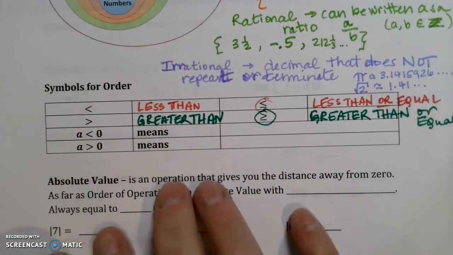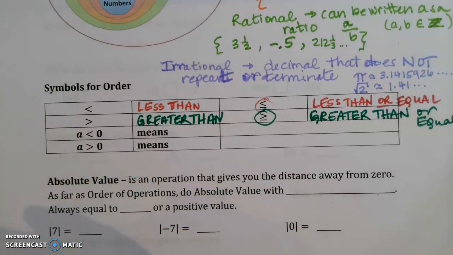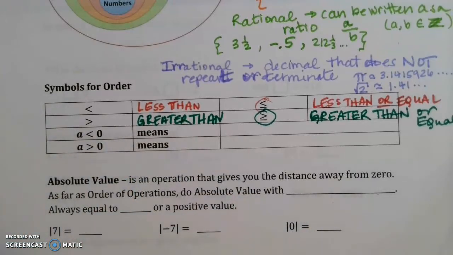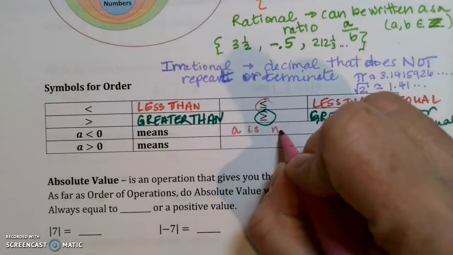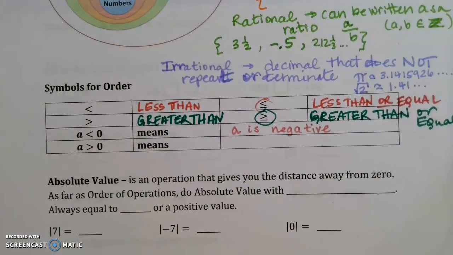Okay, so the next part there is just a reminder, because this is one of those things where it doesn't always occur to one right away when you see it. But if I'm saying A is less than 0, then that forces that number to be negative. So A is negative if it is less than 0.